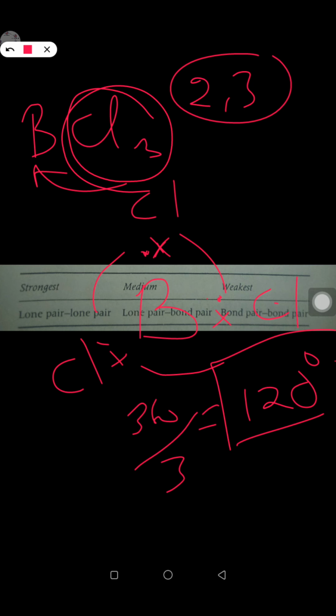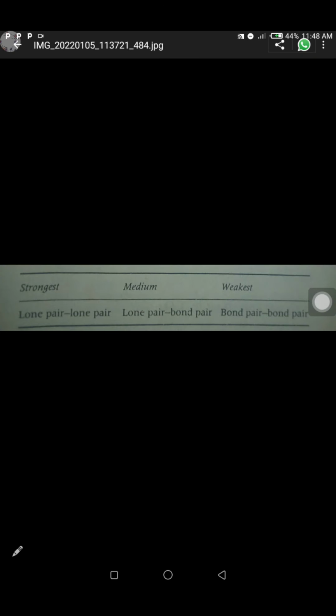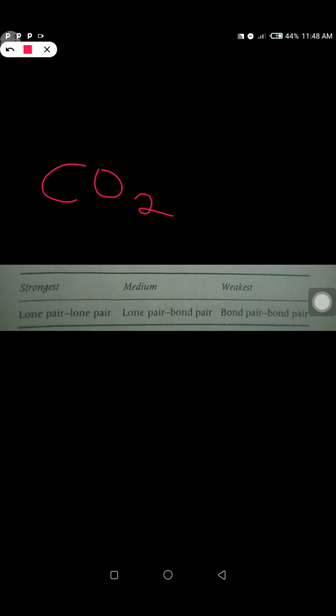And the next example is, let's talk about carbon dioxide, CO2. Now carbon is 2,4, remember? So that means there are 4 electrons in the outermost shell, and it's going to look like this.